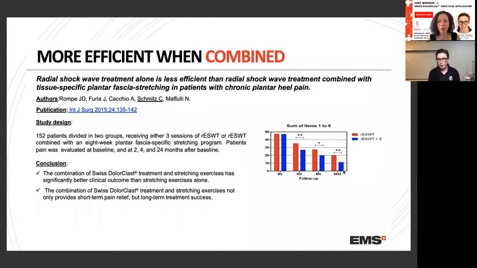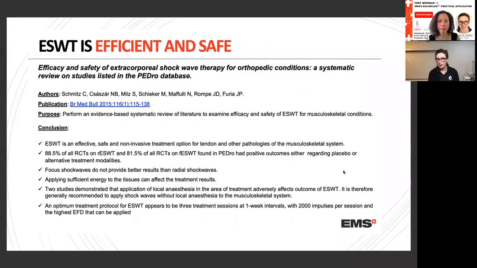The treatment protocol for most of them appears to be 3 treatment sessions, once a week, with 2,000 impulses per session at the highest energy flux density that a patient can tolerate. So it's fine, and we're not damaging tissue. We'll talk about the contraindications, but overall it's very efficient and very safe using this equipment.